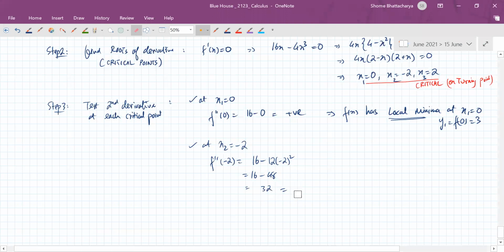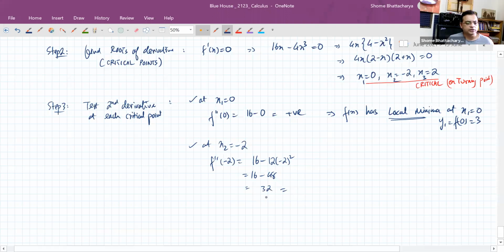It's 16 minus 48 and not 48 minus 16. So it's a negative quantity. So the moment we can see it is negative, we are saying that the function has maxima at x2 equal to -2, and the value of y will become f of -2.